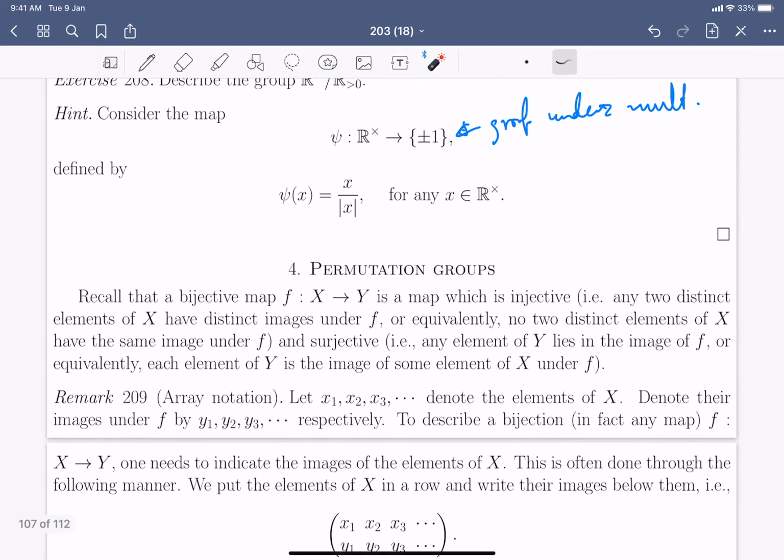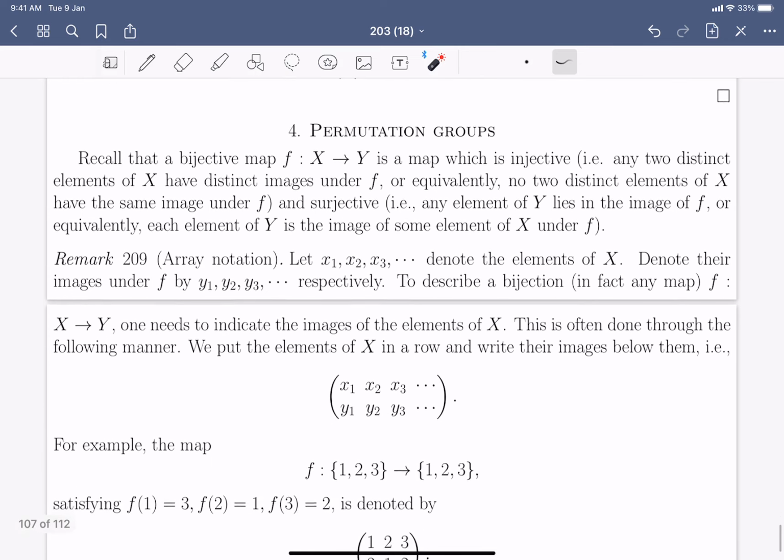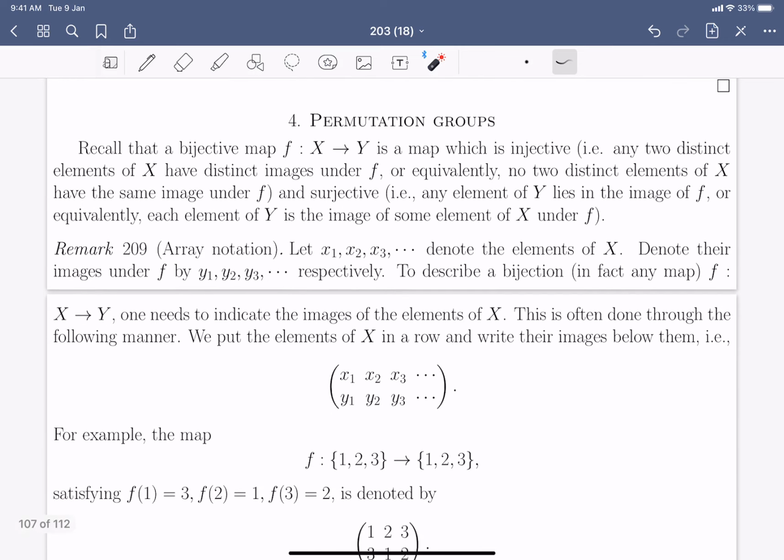Now you are going to see something interesting. And again this is something that we have already seen before when we started our lectures on this course MTH 203. I tried to motivate this notion of symmetry a bit.